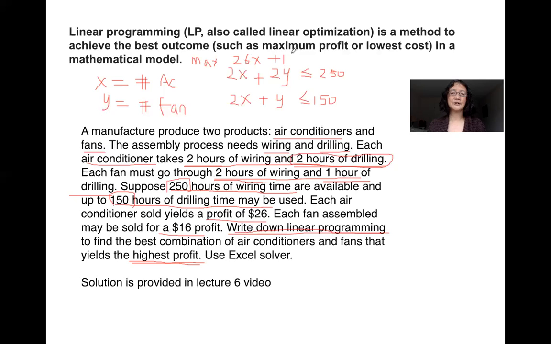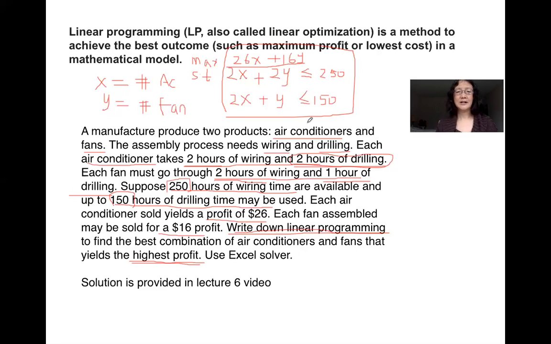You have Y, so 16Y. Our objective function is maximize 26X plus 16Y such that 2x plus 2y is at most 250, 2x plus y is at most 150. Okay, and this is our linear programming. You have the objective function, you have constraints.